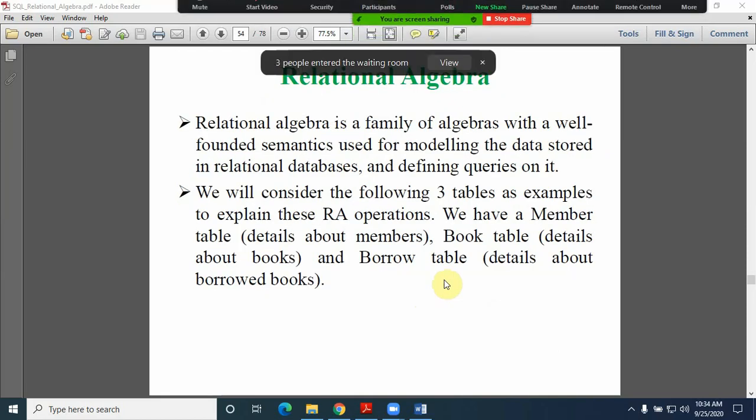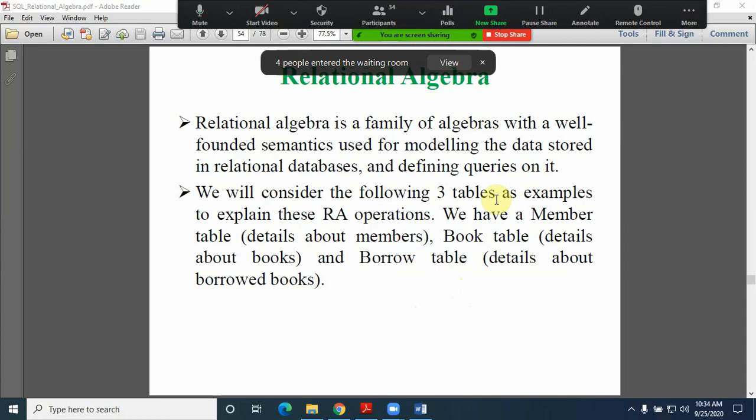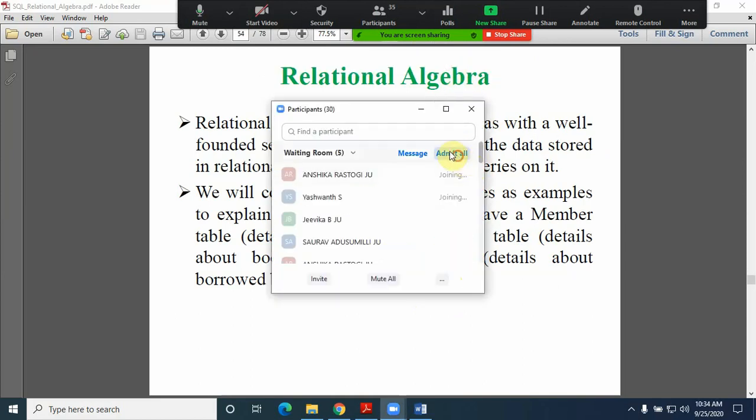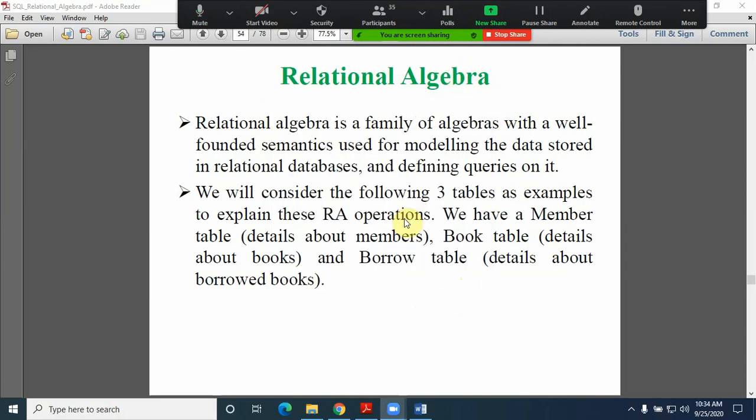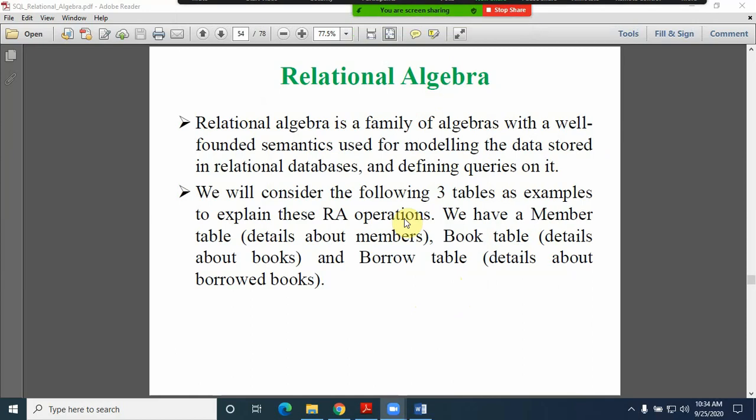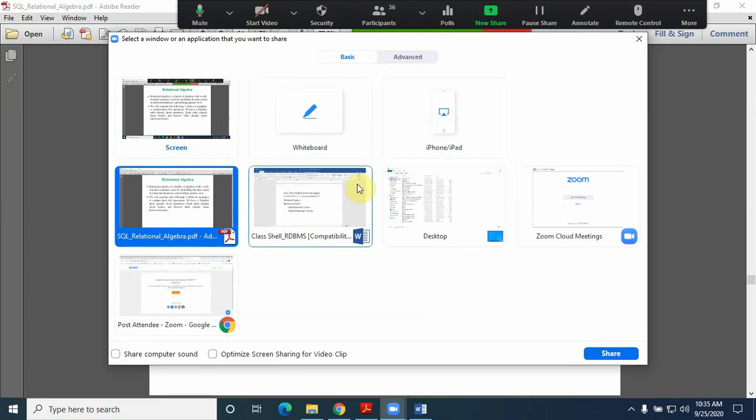And we are adding some more points, friends. Relational algebra is a family of functionalities and methodologies, which you can call an algebra, with a well-founded semantics used for modeling the data stored in relational databases and defining queries on it. What do you mean by semantics, friends, here?